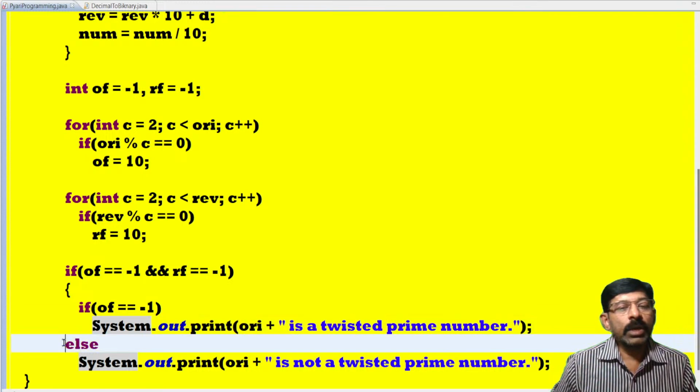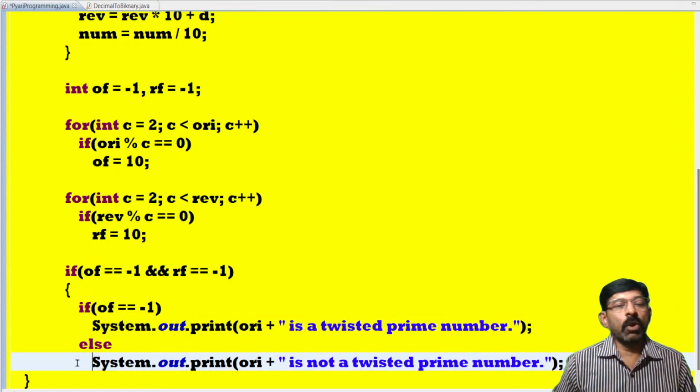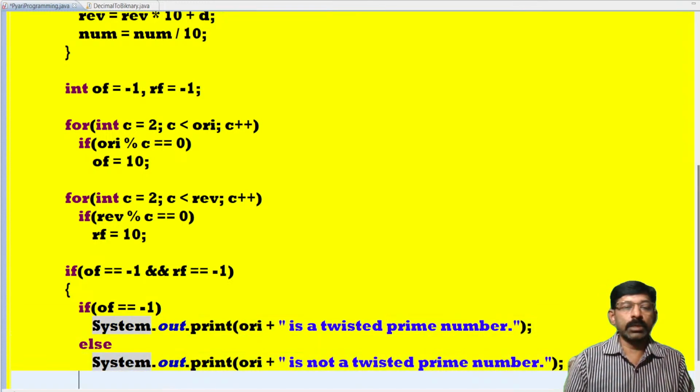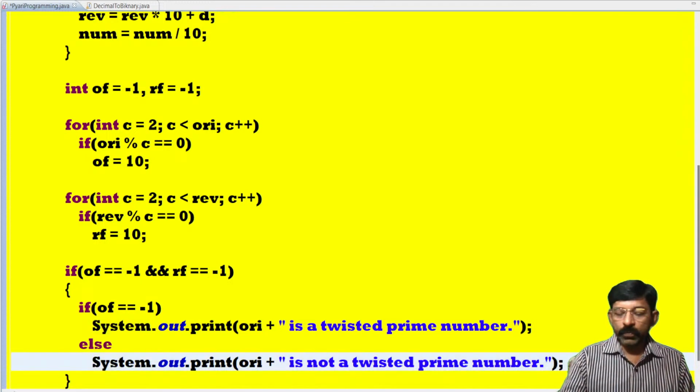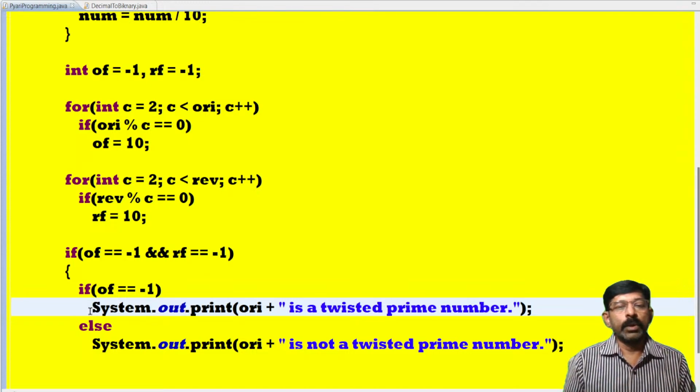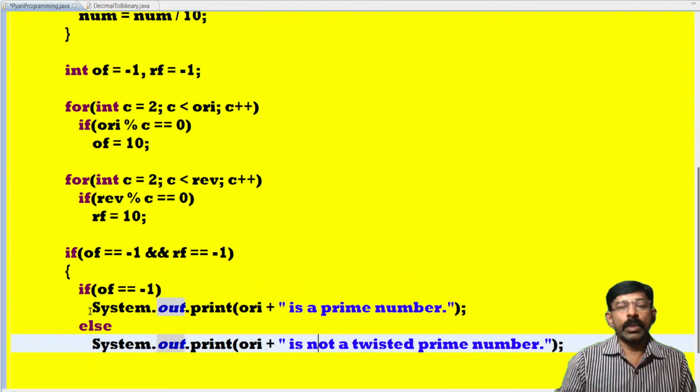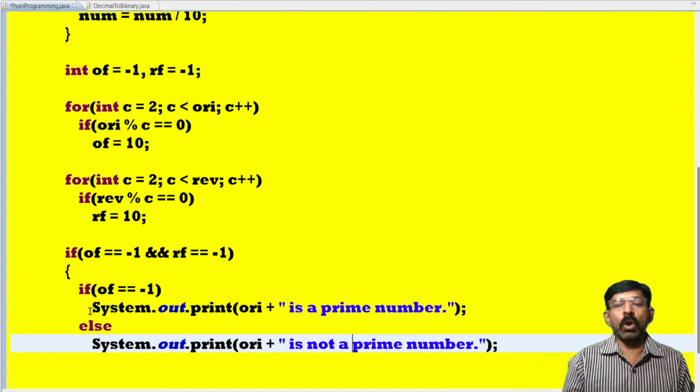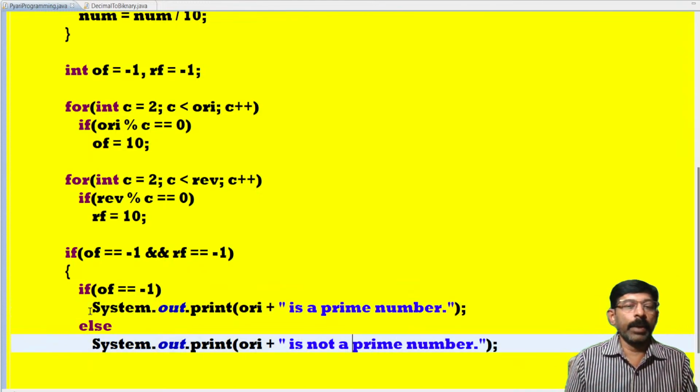Else, the original is not prime. Now, this is not a part of your program, I am just showing you which one is prime and which one is not prime.